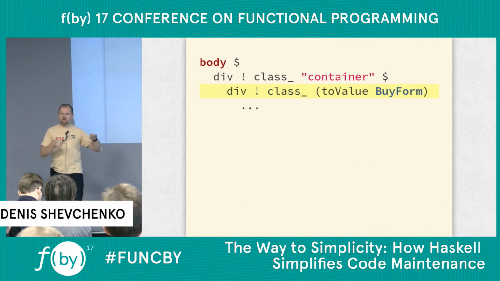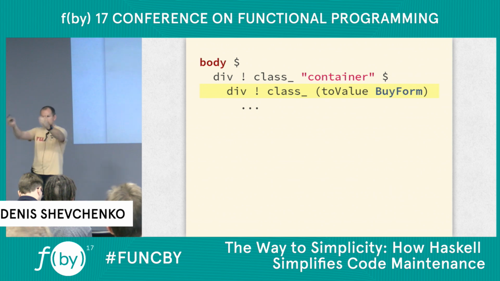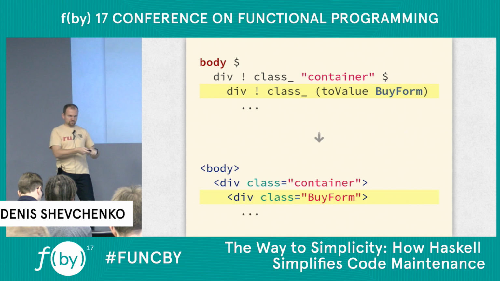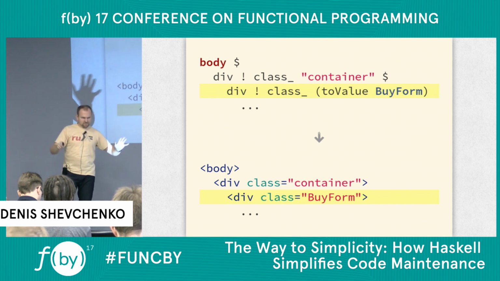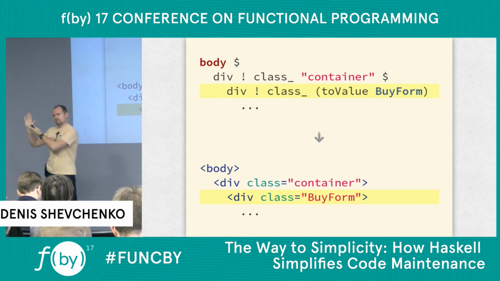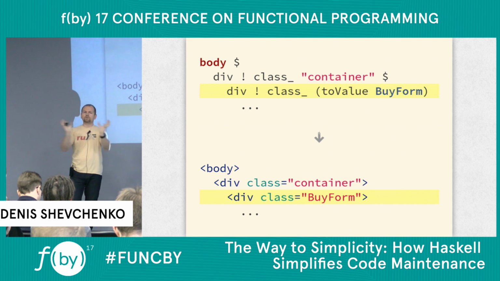Now we just use a ByForm function to take this value and convert it to the same string. So in this case, if this code compiles successfully, we can be sure that not just it's correct HTML and correct CSS, but these styles and markup work together.